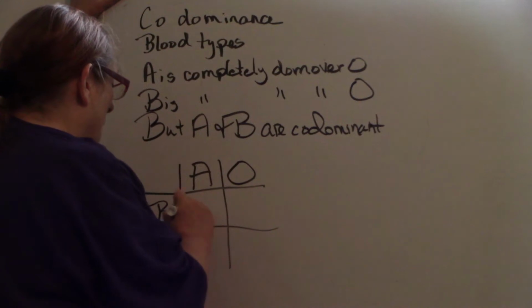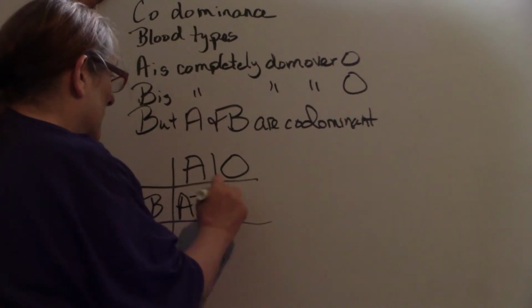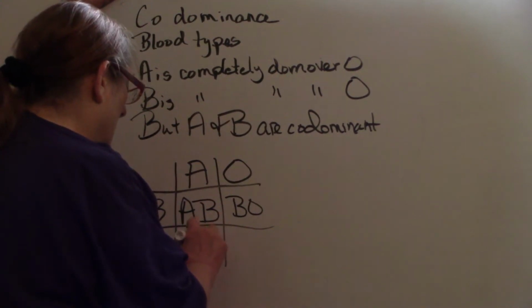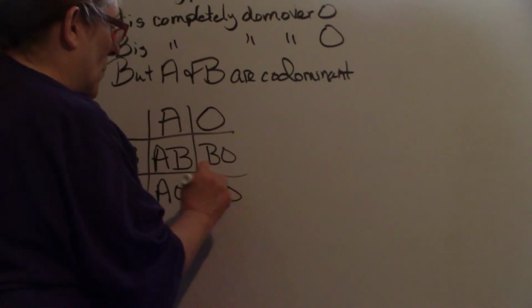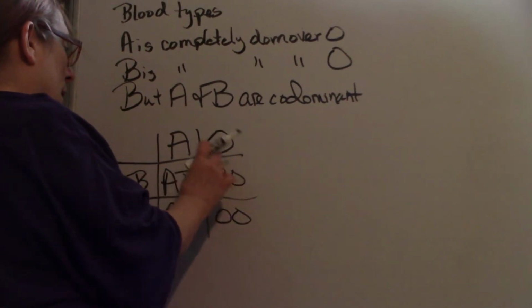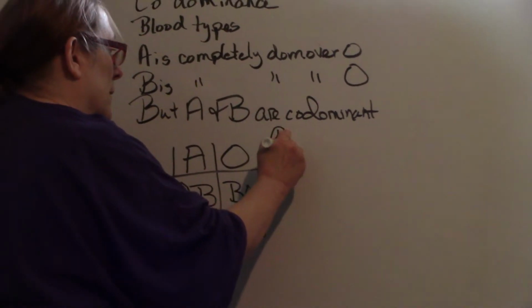So look what we have. AB, B, A, and O. Look at that. Isn't that interesting? So now let's do percents.